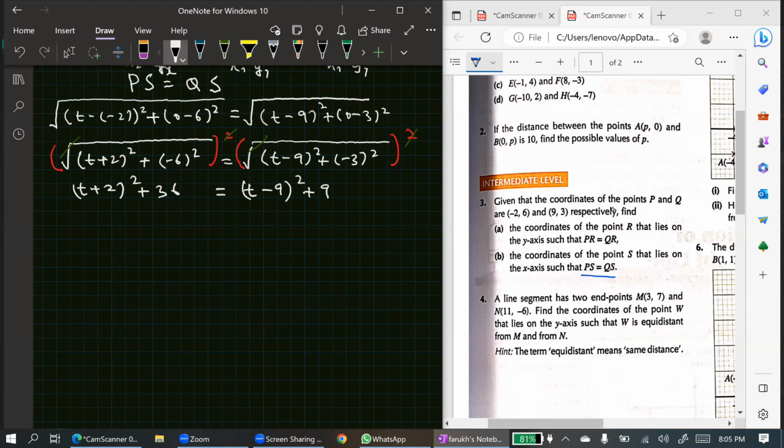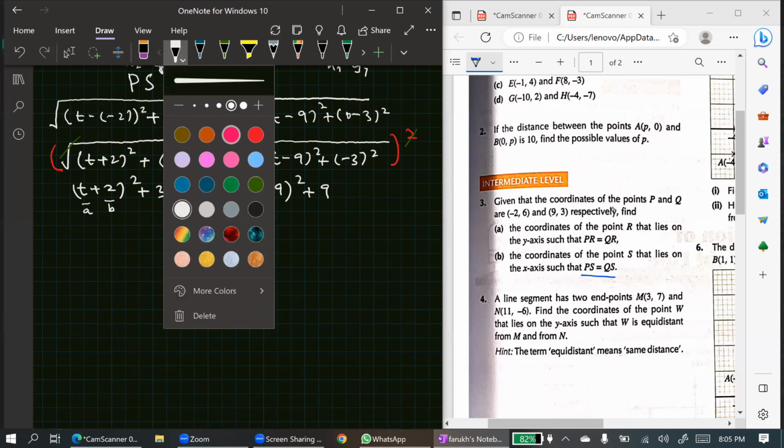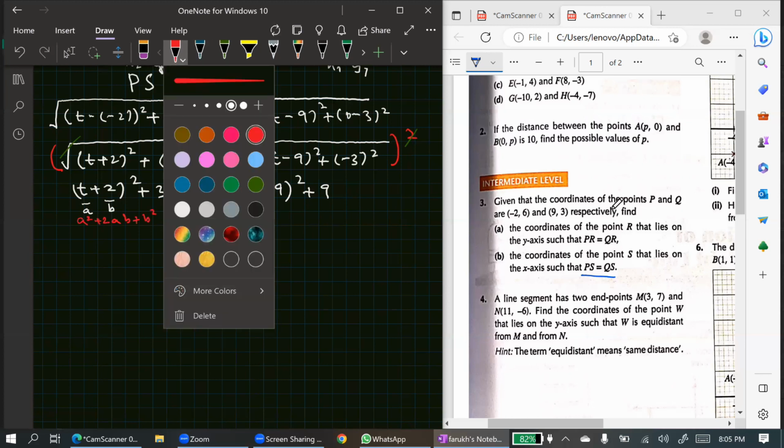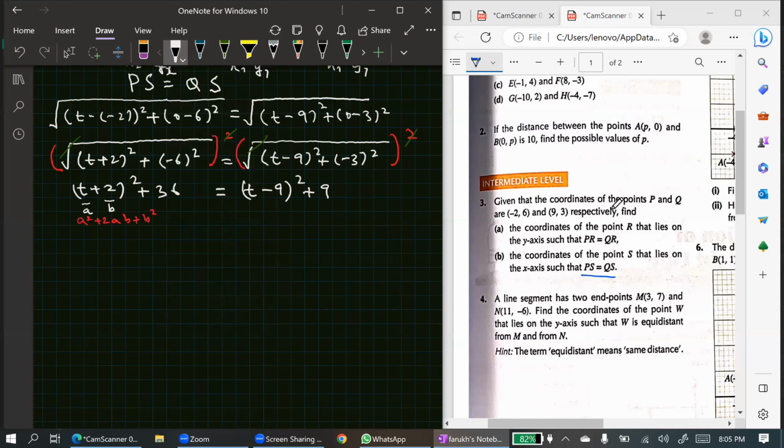This one is a, this one is b. Now put the respective values in the formula.